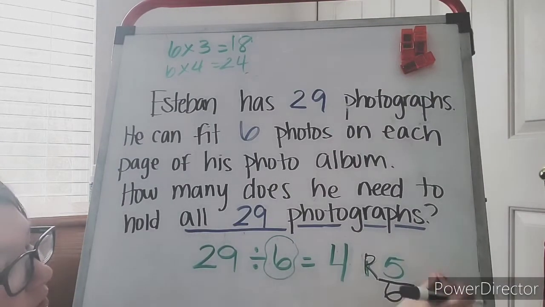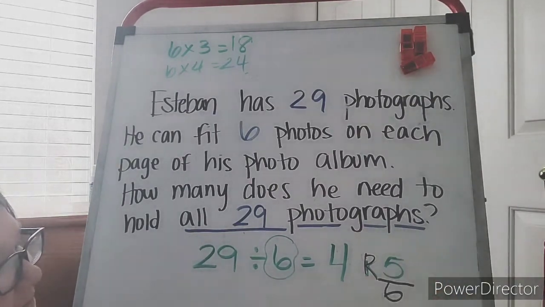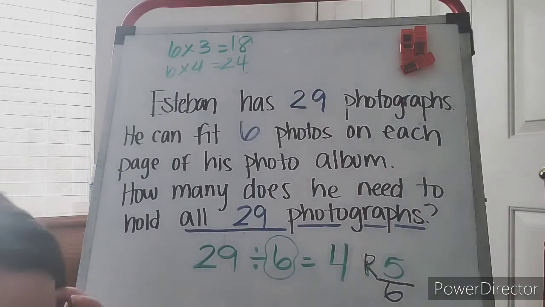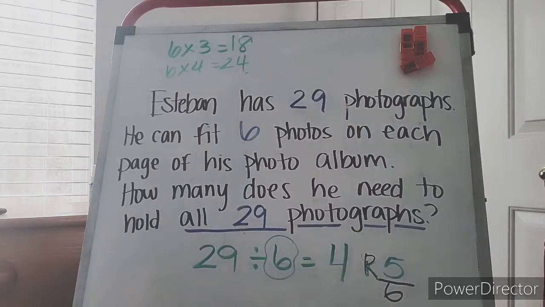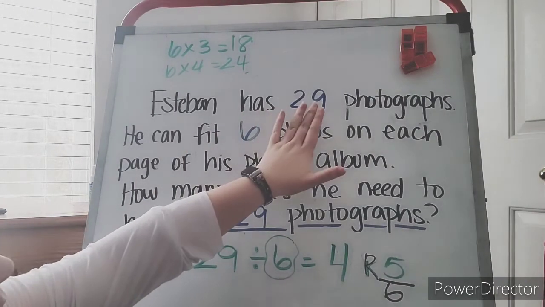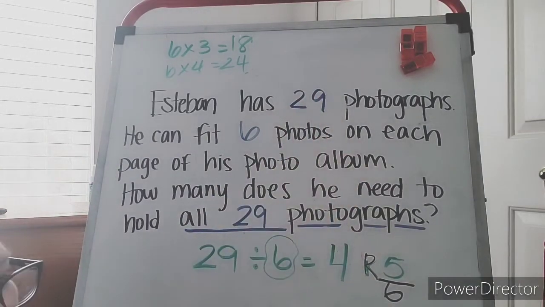We have 5 photos, but we need 6 photos, so 5 over 6. So technically, he needs 4 and 5/6 pages in order to include all 29 photos in his photo album.